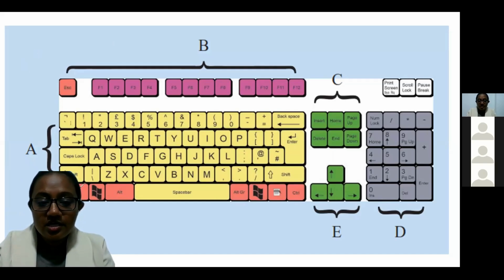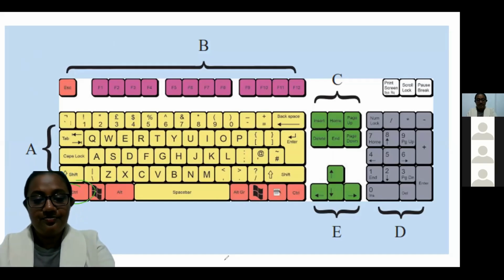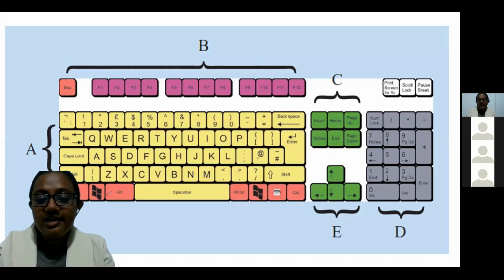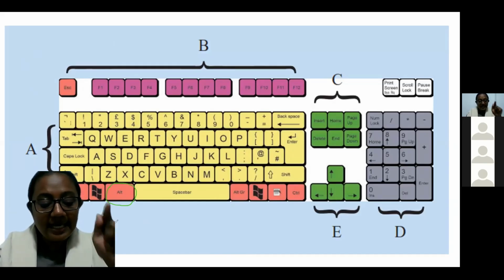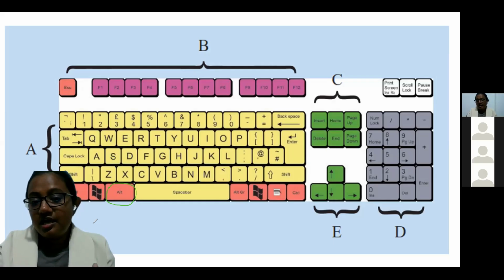See, this is the control key, right? Then the Alt key. ALT. In the keyboard, you can see the key with ALT. Then the Windows logo key. And the escape key.